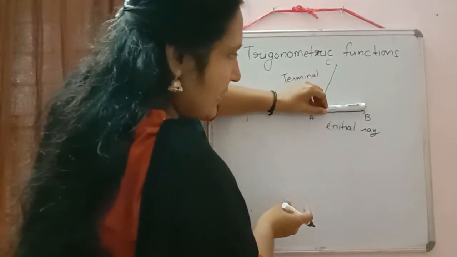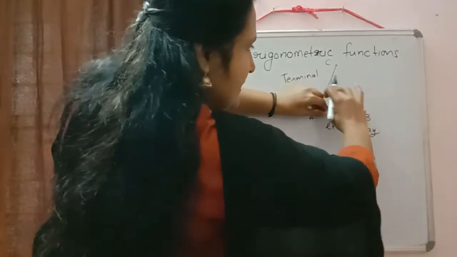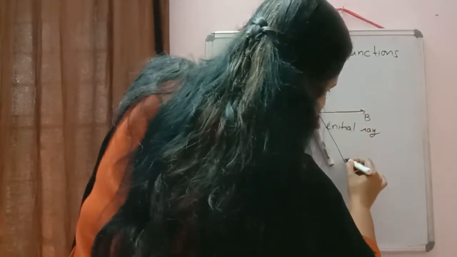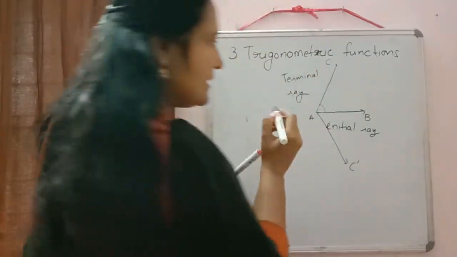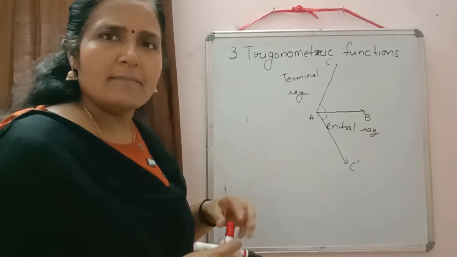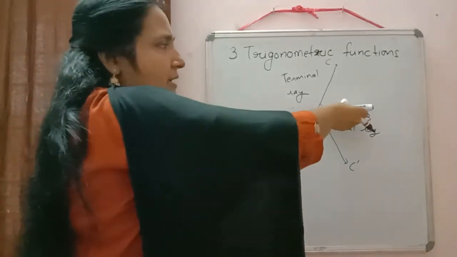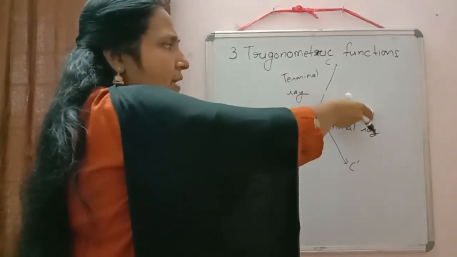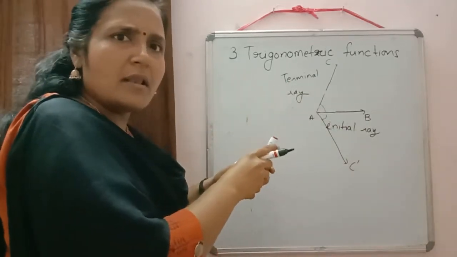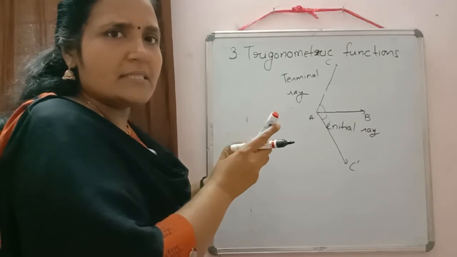So suppose I have rotated downwards, the measurement is the same. So I rotated till here, and I am marking the point as C dash here. These two angles are the same, only my direction is different. Here I am going up, and here I am going down. So whether the two measurements are equal, no change will come in their measurement.